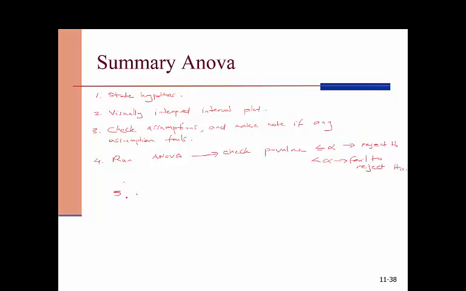For number 5, if you reject H0 in step 4, okay, if you fail to reject, you stop right there. Test is inconclusive, you're done. But if you reject H0 in step 4, look at Tukey pairwise comparisons.